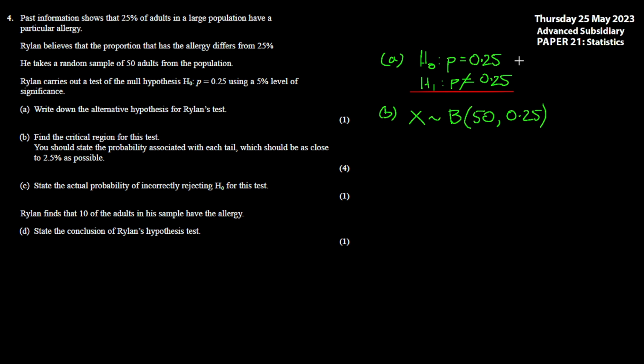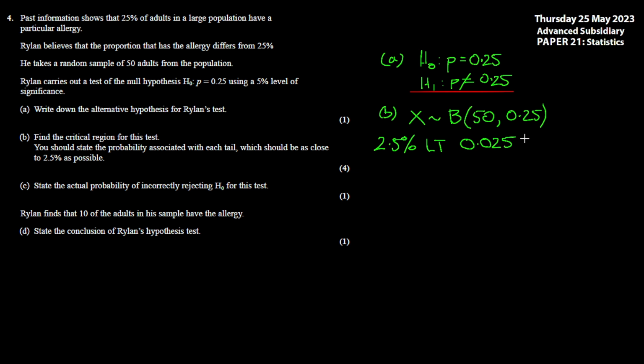Now, it should be clear from part A that we're dealing with a two-tailed test. So if we're testing this null hypothesis at a 5% significance level, this means that our significance level at either end of the test will be 2.5%. So to be in the critical region at the lower tail, we would have to find a probability of 0.025.